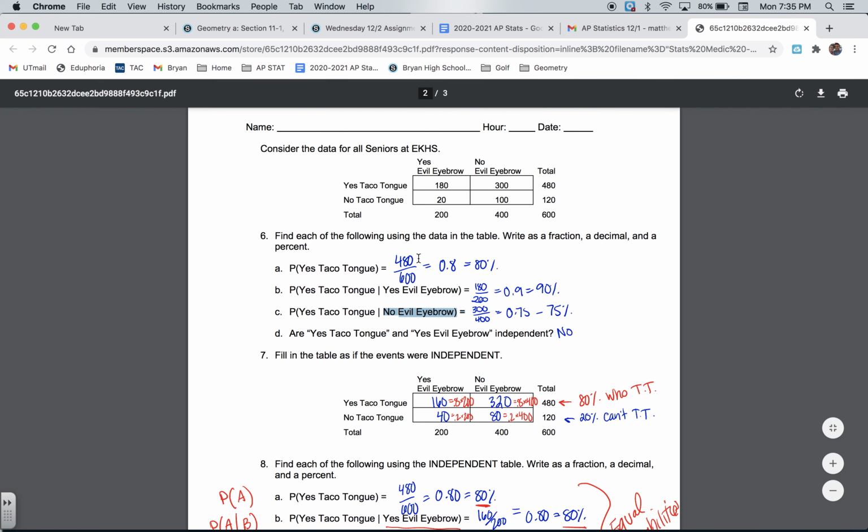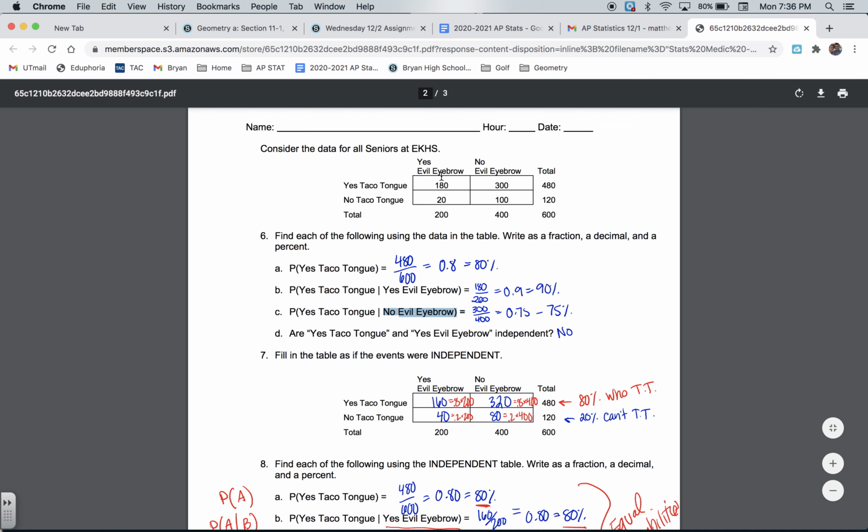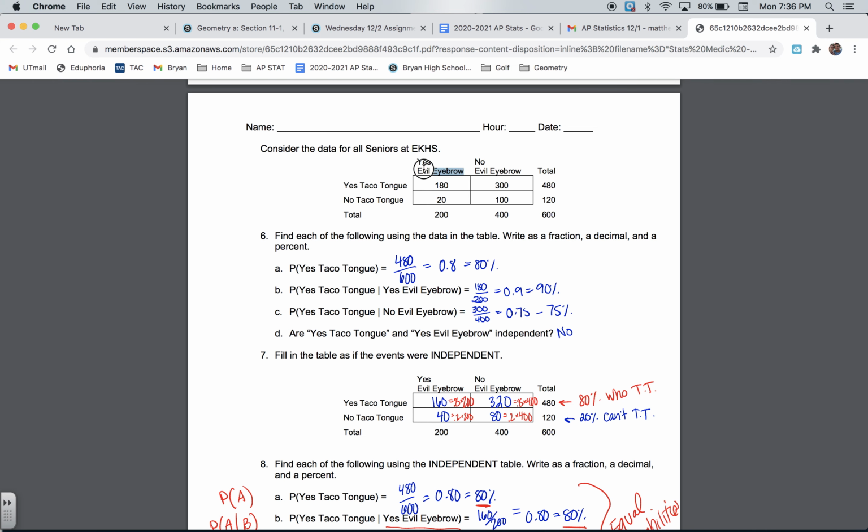But this data table showed that, hey, they do have a similarity. So maybe, like genetics wise, the odds of you doing an evil eyebrow are similar with taco tongue, and so the odds went up if you were a yes and yes. So maybe there's something there genetically, maybe there's not.